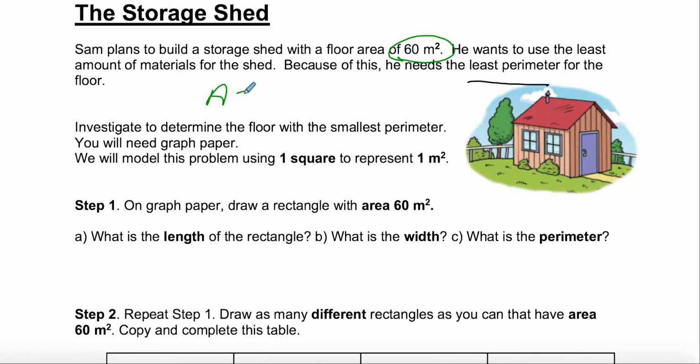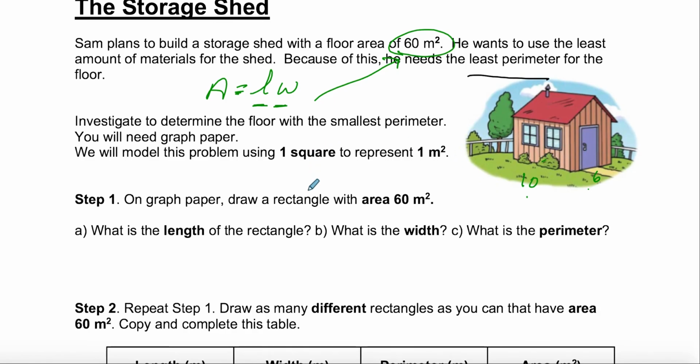So remember, length times width, those 2 numbers have to multiply by each other to give you 60. Right? So I'm thinking an example would be 10 by 6. If your shed was 10 this way and 6 this way, 10 by 6, 10 times 6 is 60. So that would have a floor space of 60 meters squared.